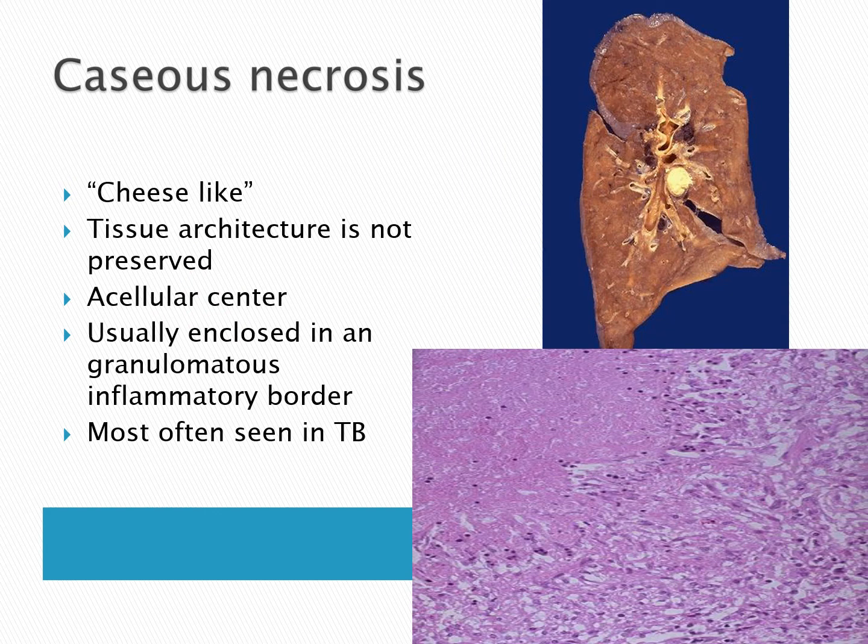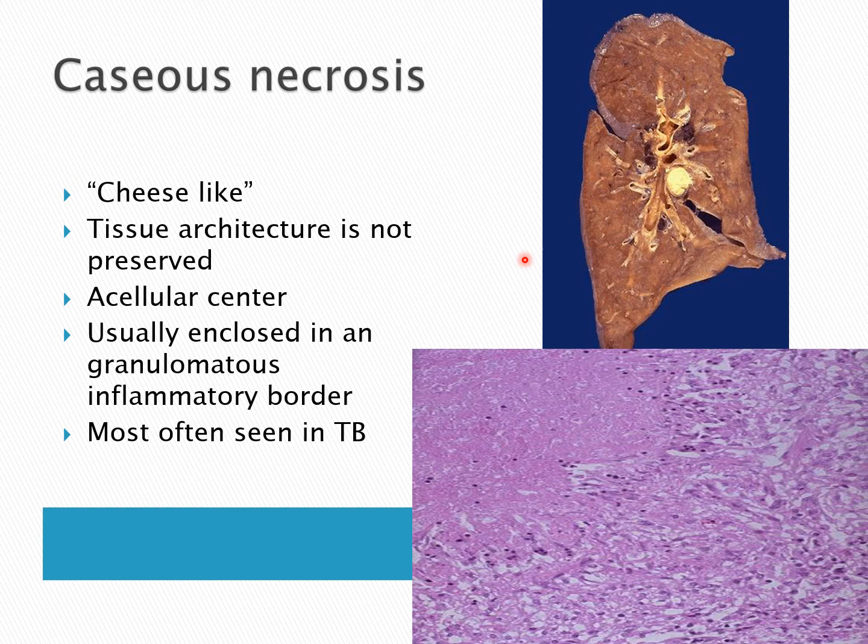The other type of necrosis is caseous necrosis. It is called this because of the appearance of cheesy-like yellowish material in the area of caseous necrosis, like here, cheesy-like material on gross examination. The tissue architecture is not preserved at all.